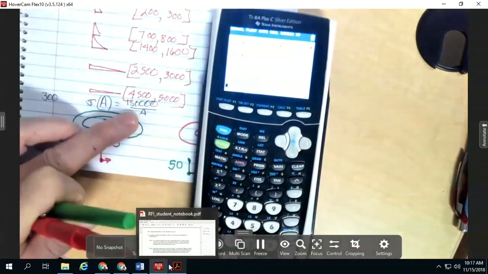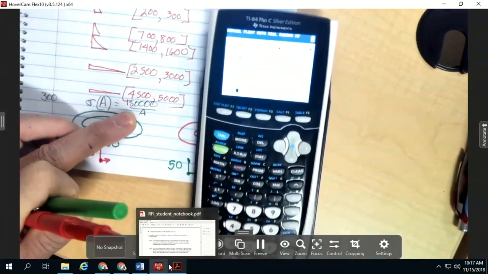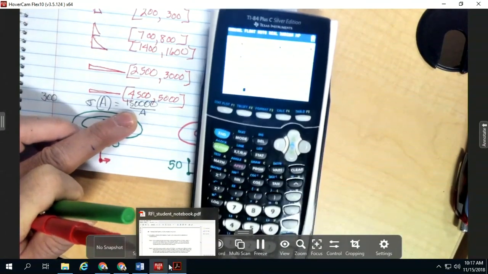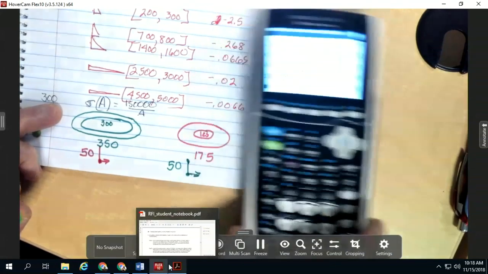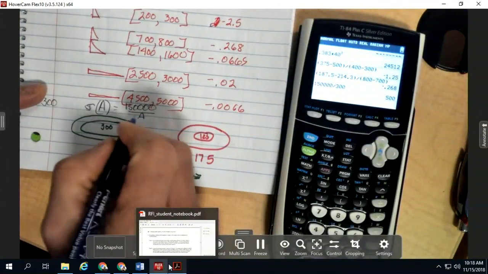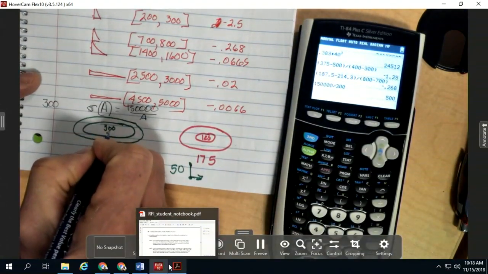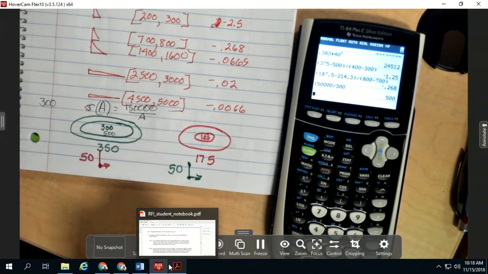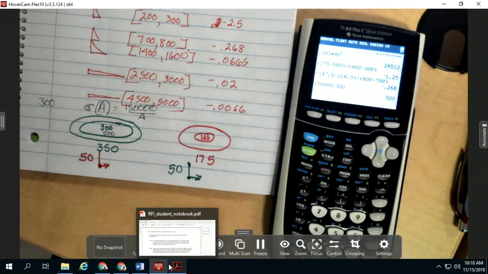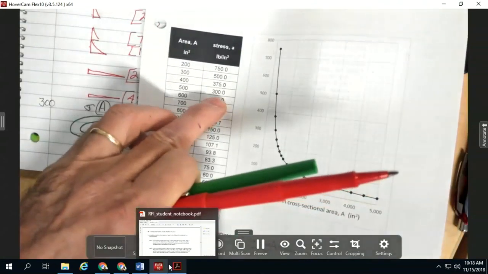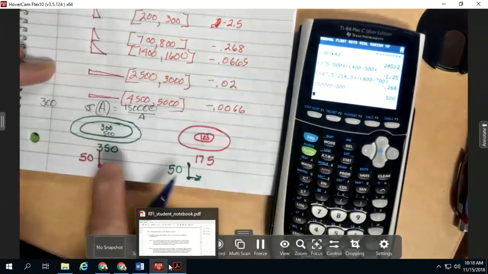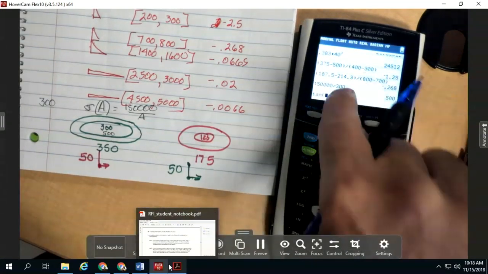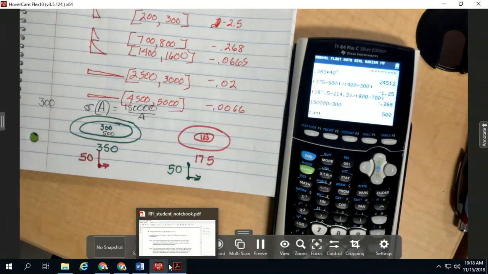How much area would it have? 150,000 divided by 300 pounds will give you 500 square inches of area. Does that match what the chart says? 500 is 300, right? Now it says make the stress 350 instead of 300. What's the area become?